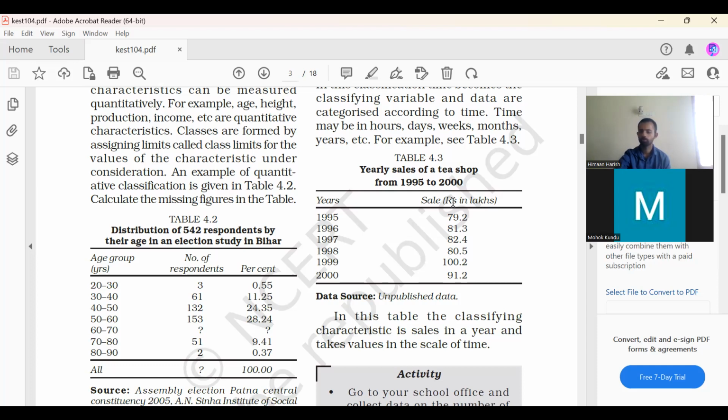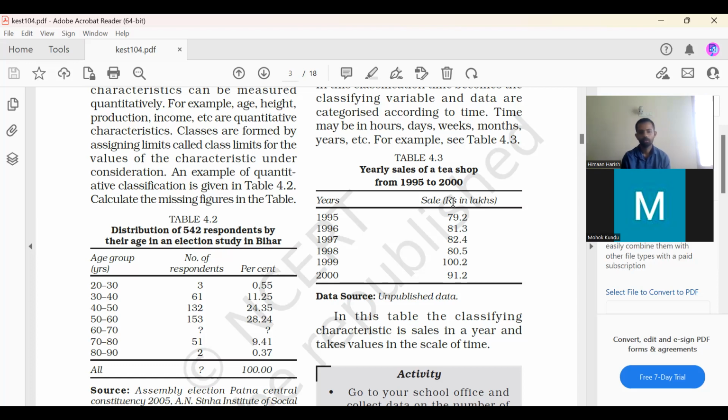How much will we get after adding up all the respondents? We probably don't know. There's the percentage of the age group of 60 to 70 as well as the respondents.